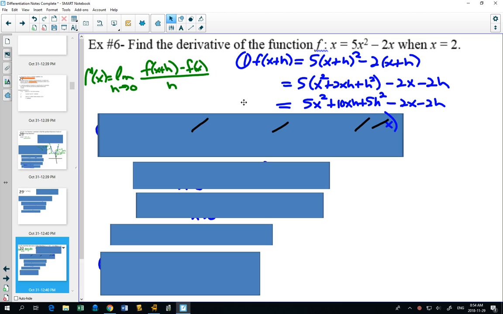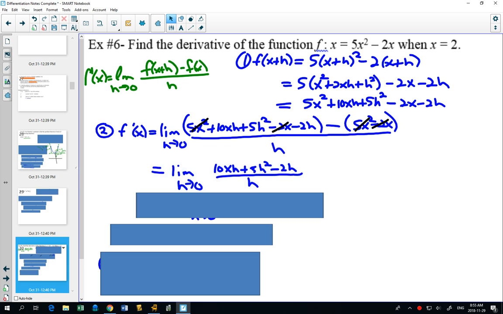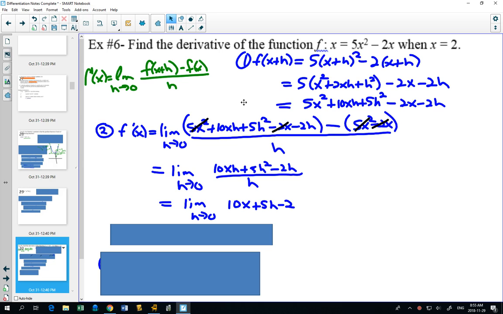Figure out what f of x plus h is, plug it in, and notice which things cancel out. And then from there, factor out your h and simplify it, apply your limit, and you get 10x minus 2.